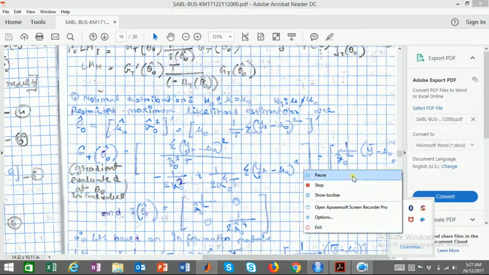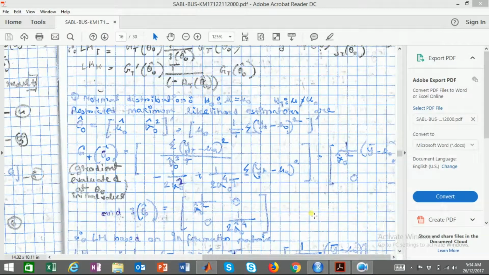Okay, so as we were discussing, in case of normal distribution, the gradient on the other hand is simple.